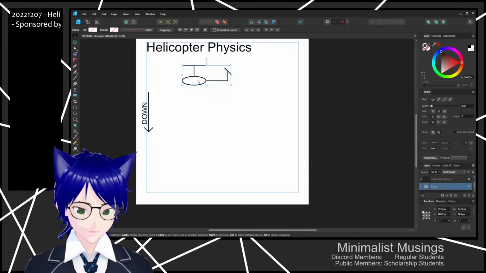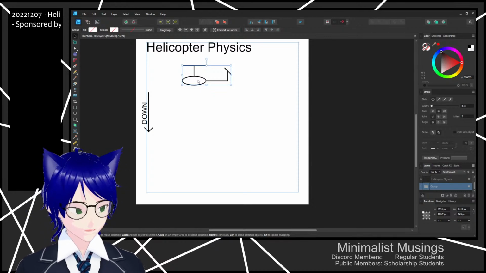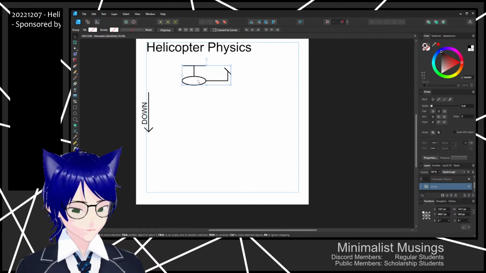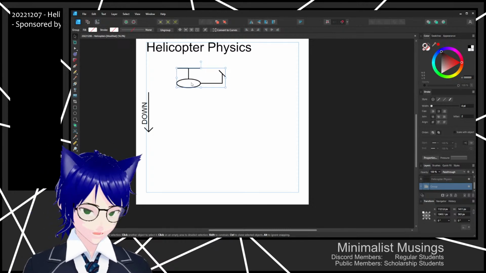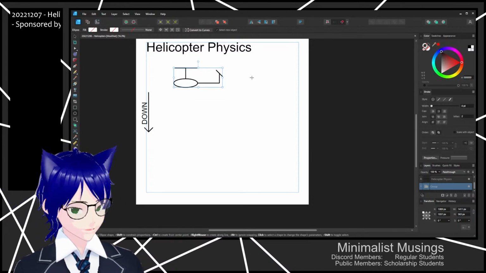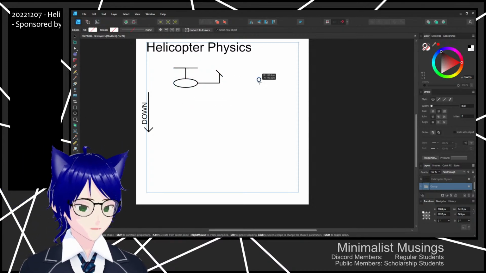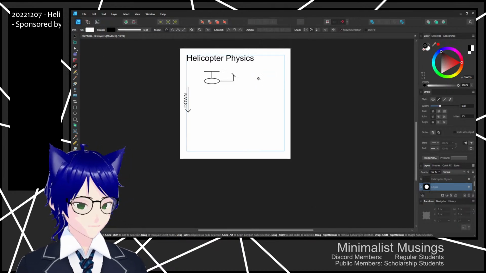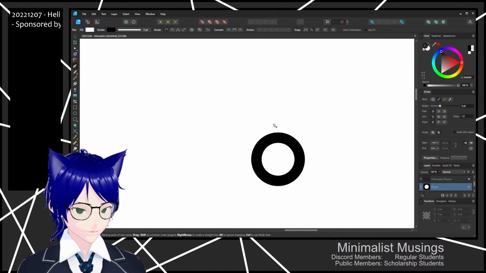Okay. I need to take this off. Fantastic. Okay. So I wanted to talk about this before we got started. This is generally called a free body diagram, right? And so we're going to talk about that real quick.